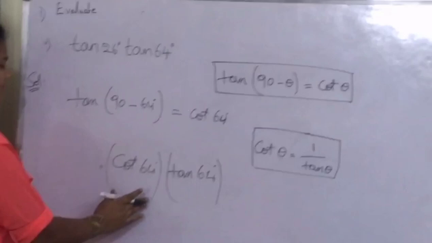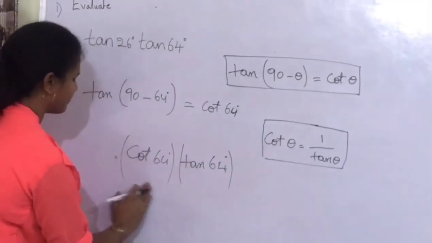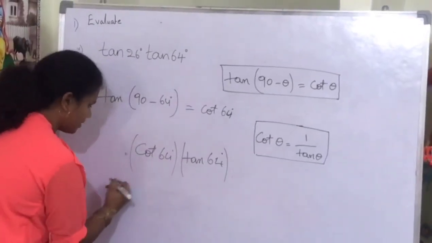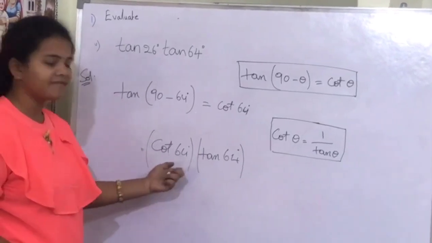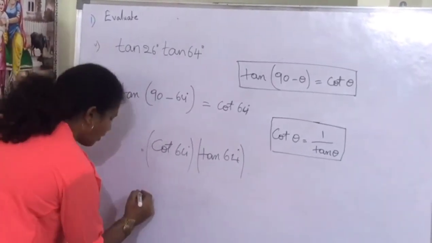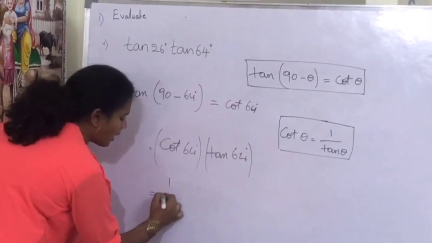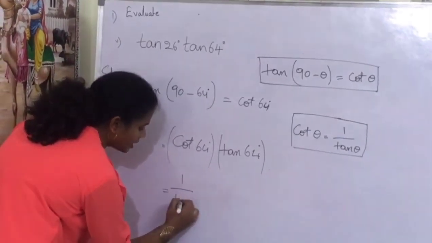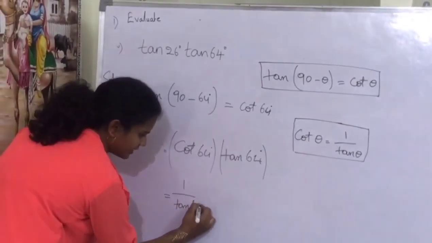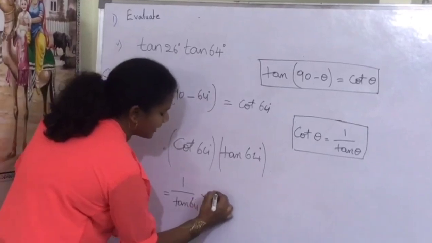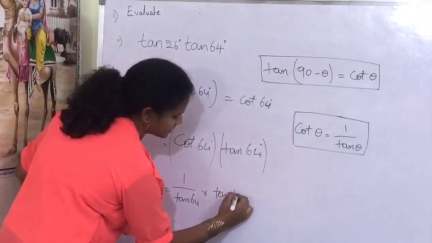By using this, we can solve where cot 64, instead of theta we place 64, as cot 64 equals to 1 by tan 64 degrees into tan 64 degrees.